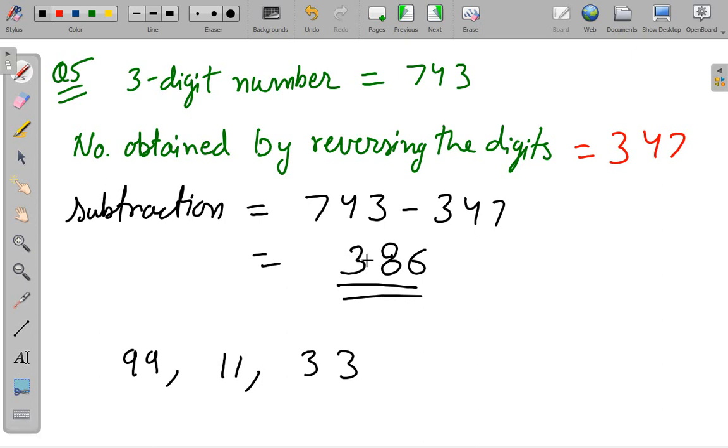So do the division, find out the quotient, and check the answer from the back. I will leave the completion of this question to you.